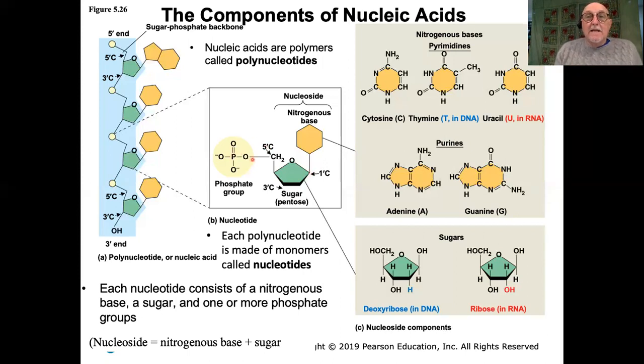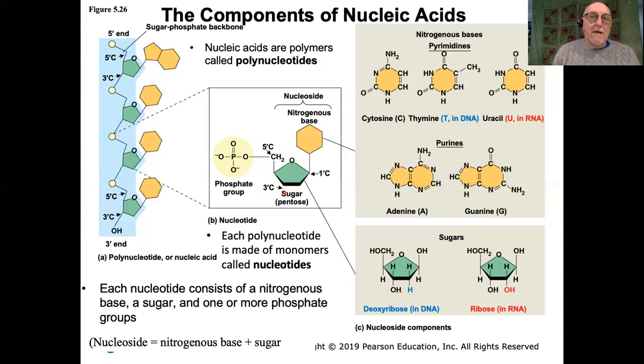Okay, so let's just have a look and see how these nucleotides now get joined together, get polymerized into the long molecules that comprise the nucleic acid themselves. I told you, the only reactive site I have on the nucleotide is here. It's at the 3' carbon.